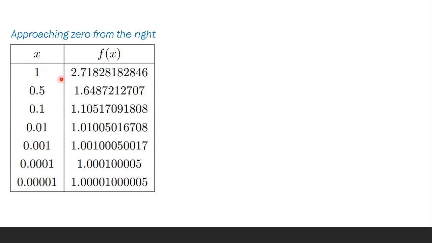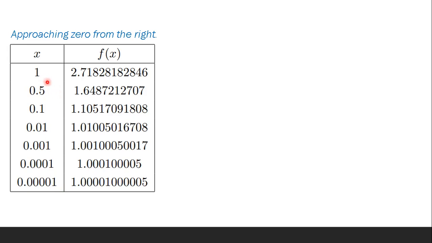And in order to solve for your f of x, you substitute the value of your x into your function, which is e to the x. So when you substitute 1, e to the 1 is equal to 2.71828182846. There's no need for me to elaborate more on the other values of x. You can double check these values using your calculators, okay?